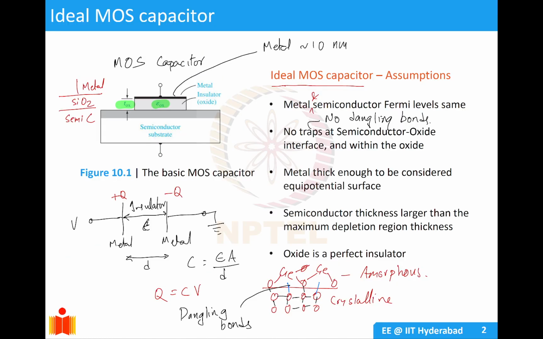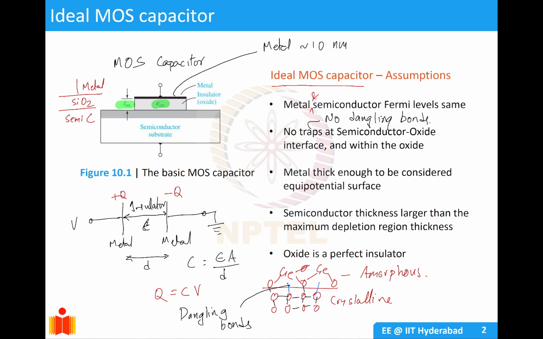Now we come into a completely different territory, which is the MOS capacitor. MOS means metal oxide semiconductor. What we were studying till now was metal-semiconductor. Now we are inserting another material between the metal and the semiconductor, which is an insulator.